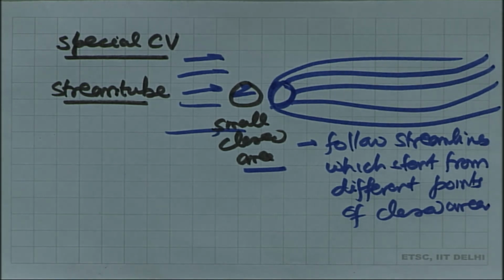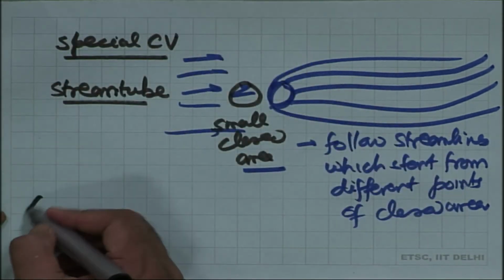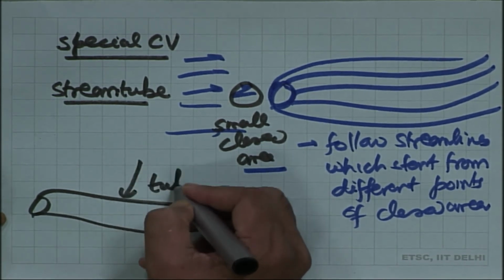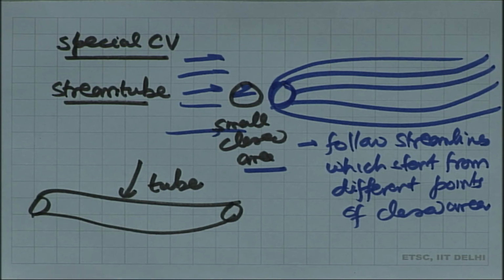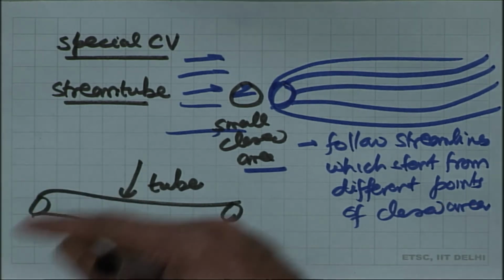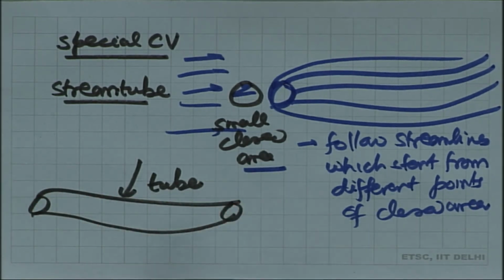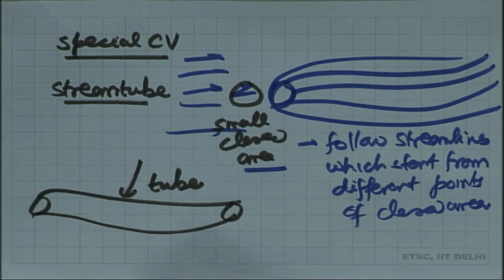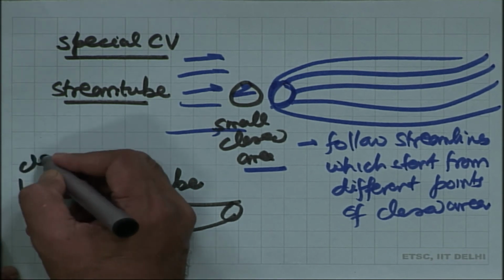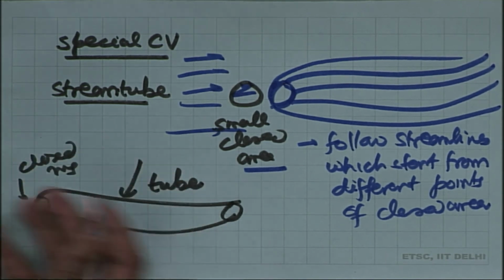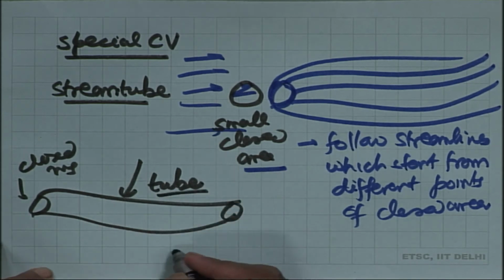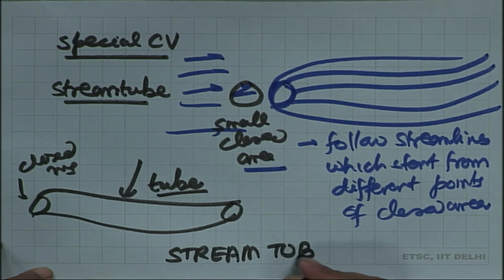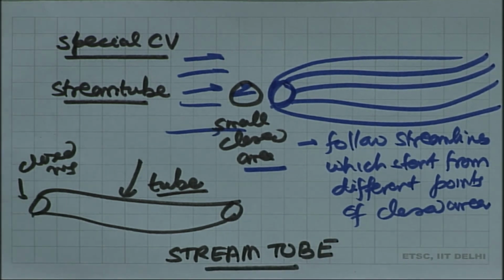When we follow all of them, this is what will become something like a flexible tube, because the fluid could move anyway. All these streamlines are there, but no flow can cross a streamline. So, this is something like a flexible tube from a closed ring, and this tube is called a stream tube. Is this clear?